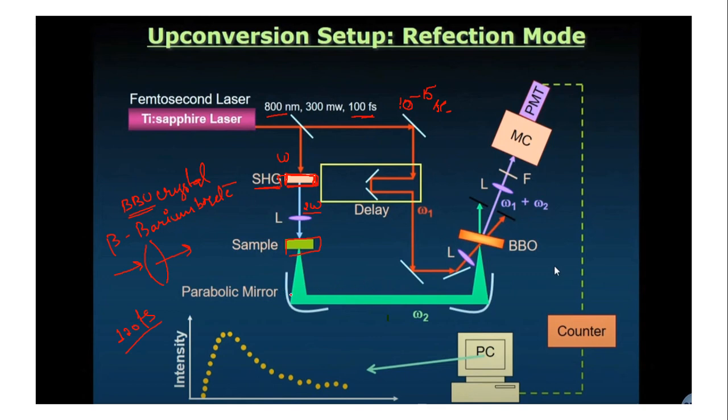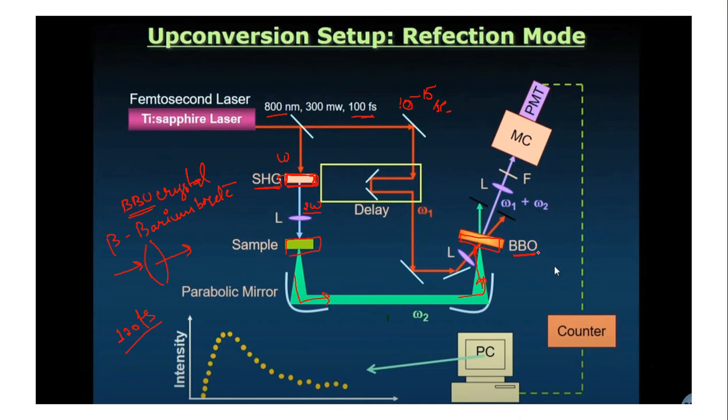Here it moves through this parabolic mirror way and is reflected, and again through this way, and again it moves straight to the BBO, beta barium borate.